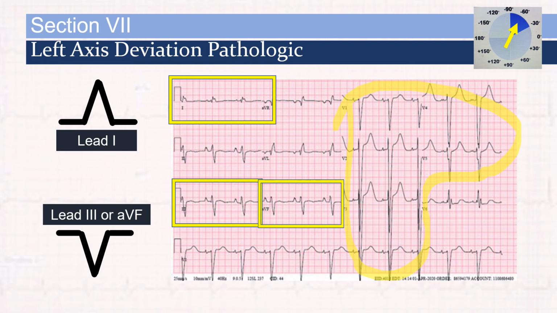If you look at these QRS segments, they're very large, and this is a sign that there has been hypertrophy of the left ventricle. That is probably what is creating the left axis deviation in this patient.